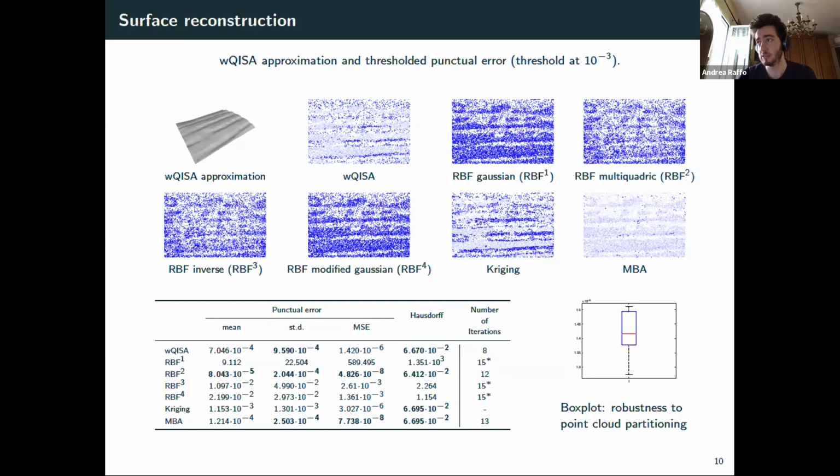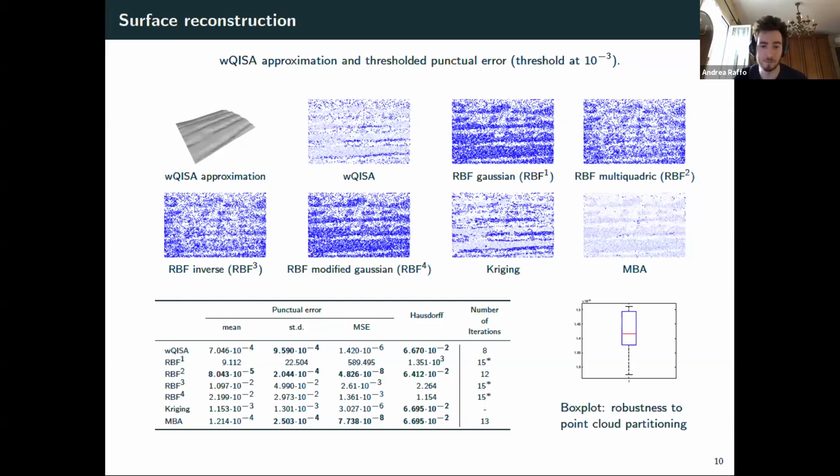This is just a quality representation, but in any case, it gives us an insight of where we need to refine or where the error is bigger.